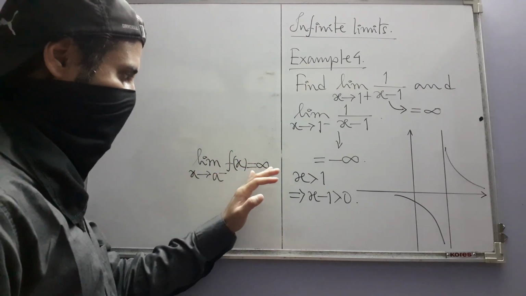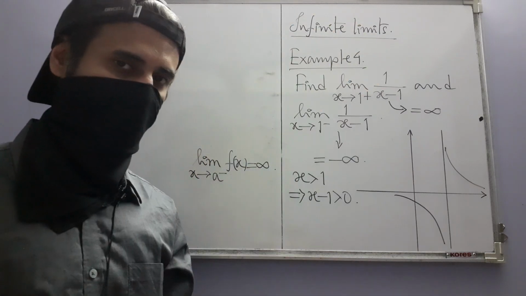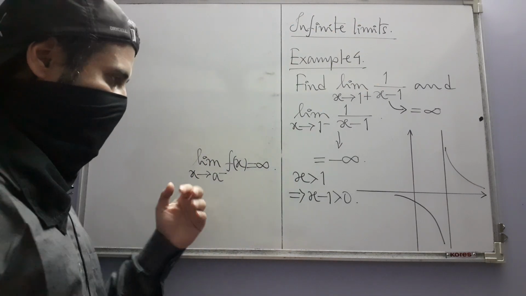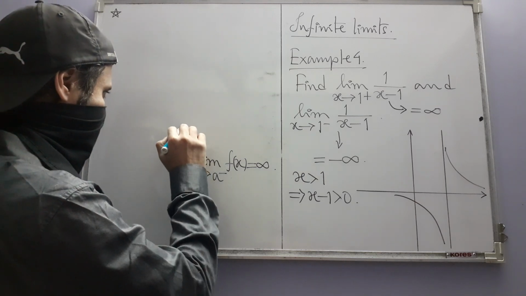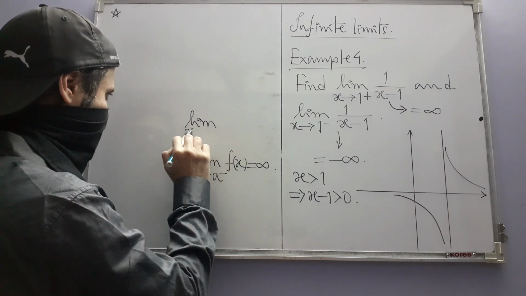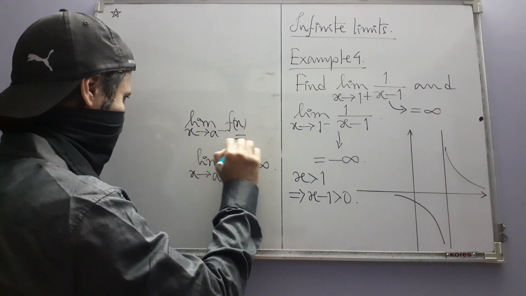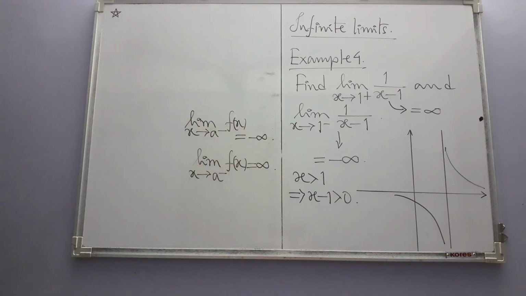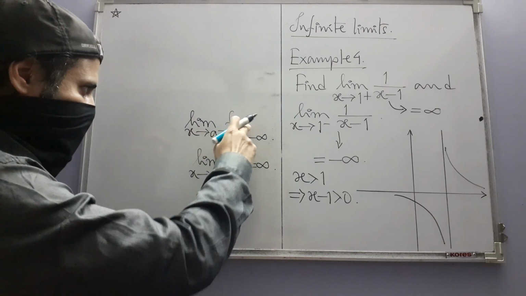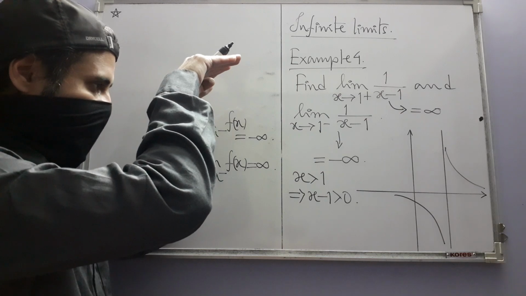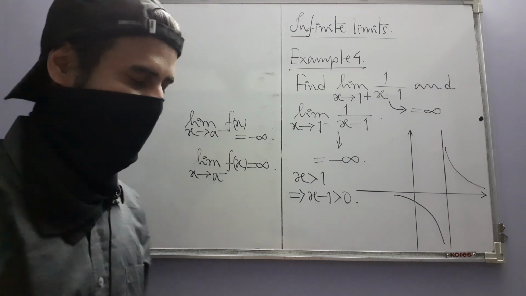That is, given any positive real number, they eventually exceed that real number as you take x closer and closer to A from the left side. Similarly, you can have this also. As you take x closer and closer to A from the left side, the f of x values go below any given negative real number.